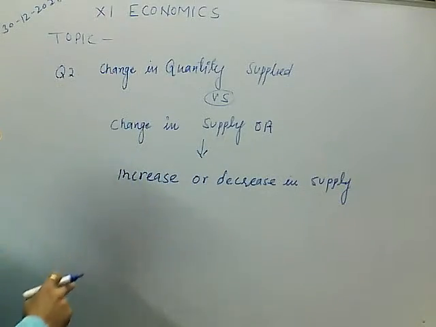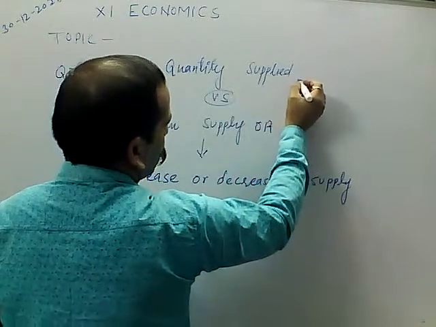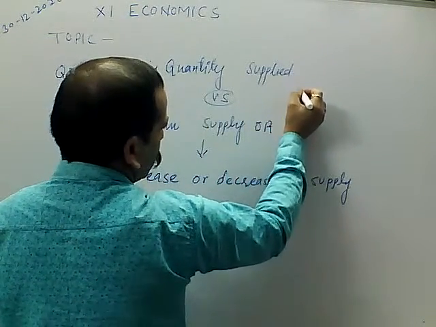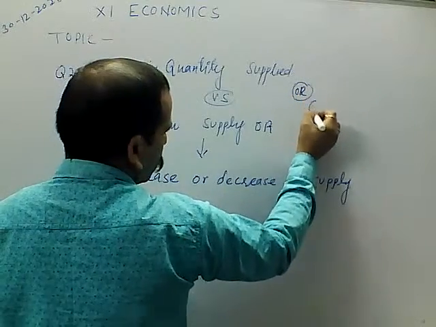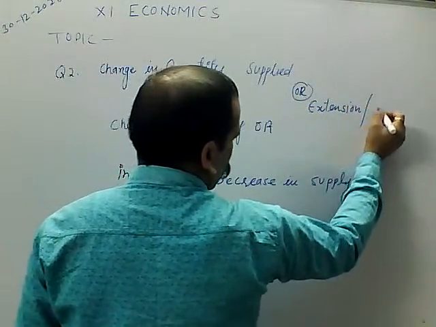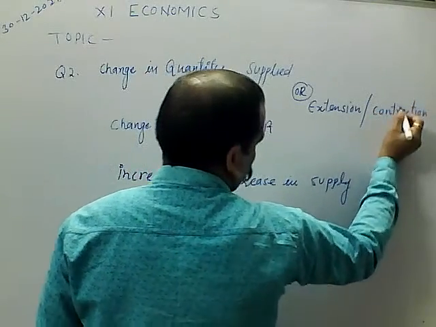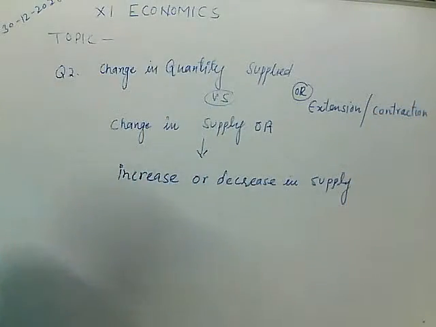Got it? Either increase or decrease in the supply. And change in the quantity supplied is also called extension or contraction in the supply curve.